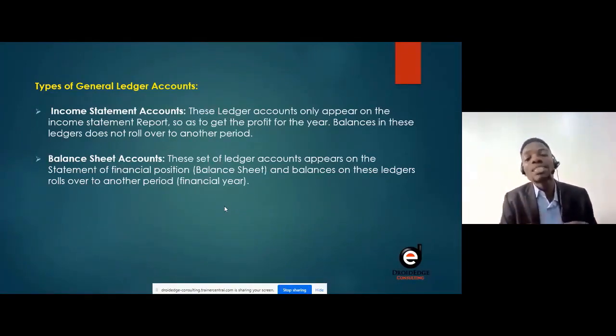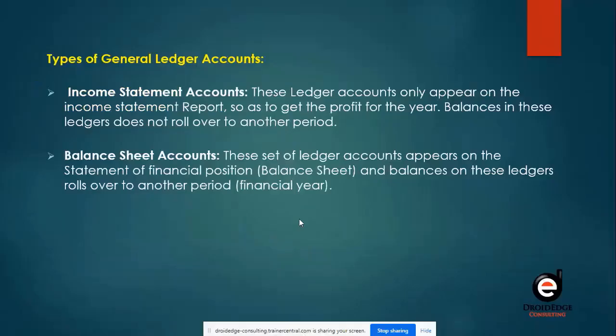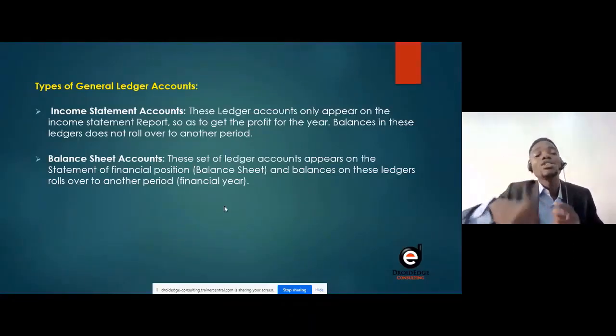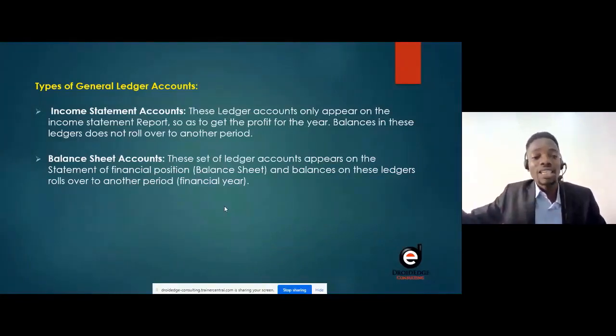It simply means when I'm starting January 2023 within the system, all my income statement accounts, my sales, my expenses, start afresh. So they are not expected to have balances when you are done with your year end, when you have rolled over into another year, right?